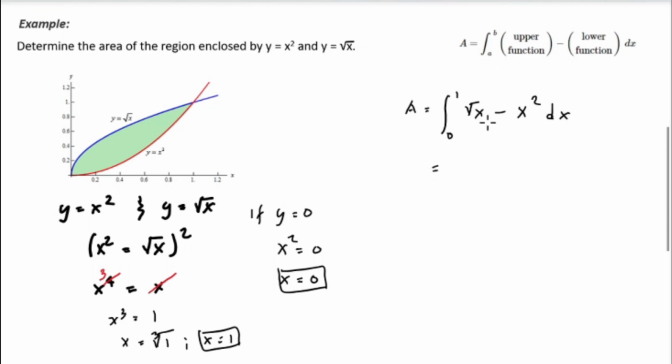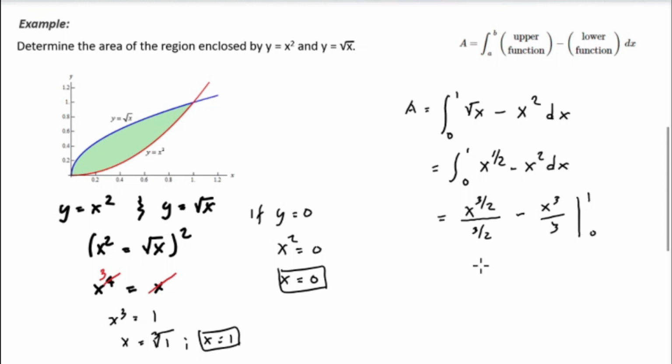So the integration of square root of x, or this will be x to the 1/2 minus x squared dx, and we integrate, this will be x to the 1/2 plus 1, or x to the 3/2 all over 3/2, minus x to the 2 plus 1, or x cubed over 3, and we have the limits 0 to 1.